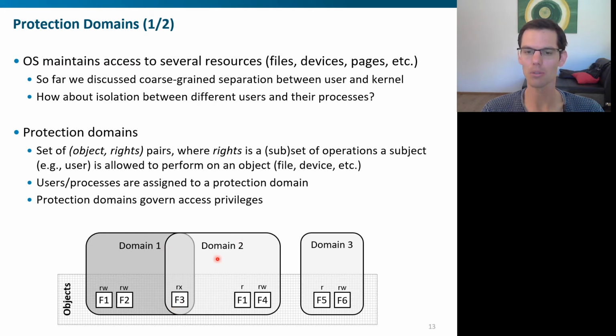And domain 2 can also read file 1, but not write to it, like domain 1, and can, in addition, read and write to file 4. And then you have a completely different domain, domain 3, which is allowed to read file 5 and read and write file 6. So with this, we now have a cool mechanism of actually governing who can access what.